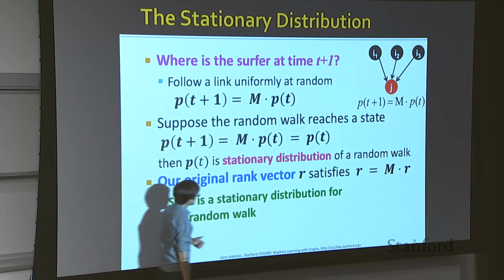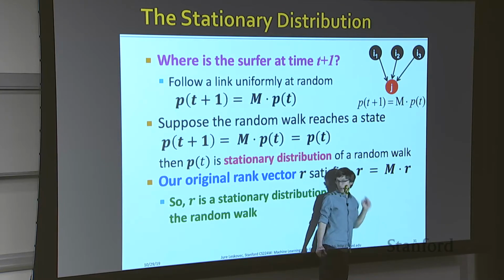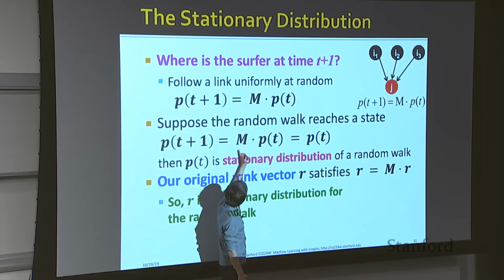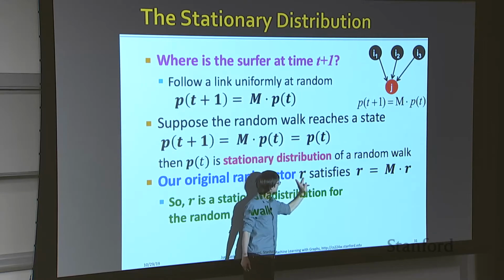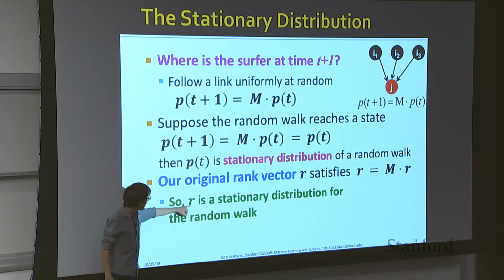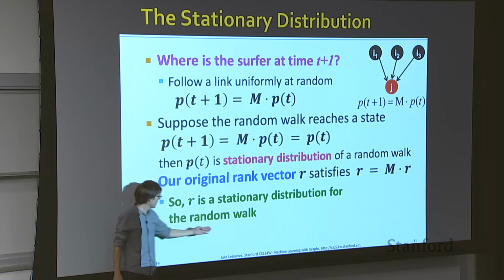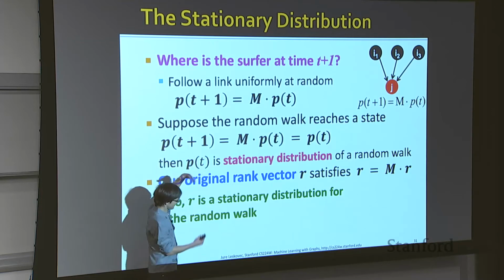The point is that we said the original vector R satisfies this equation. And now here, I essentially wrote the same equation again. Just I called it P of t, and here I called it R. So what this means is that R is a stationary distribution of this random walk. Okay? So what did we say?